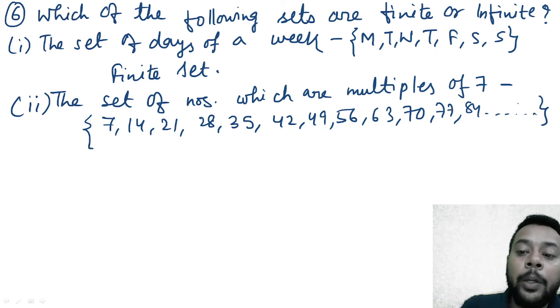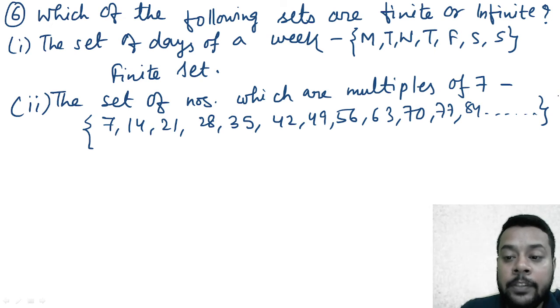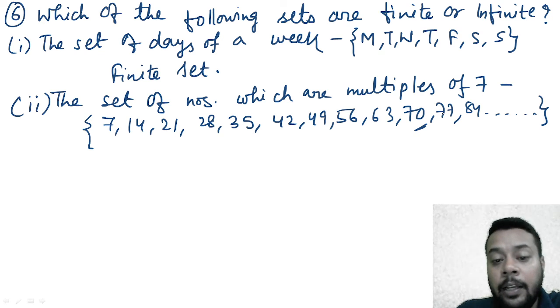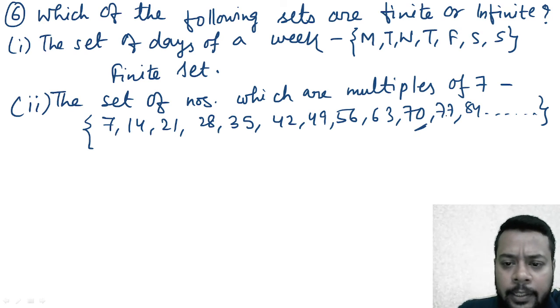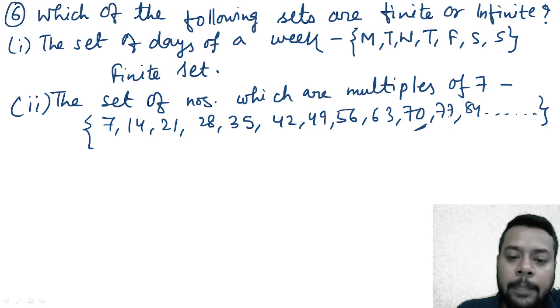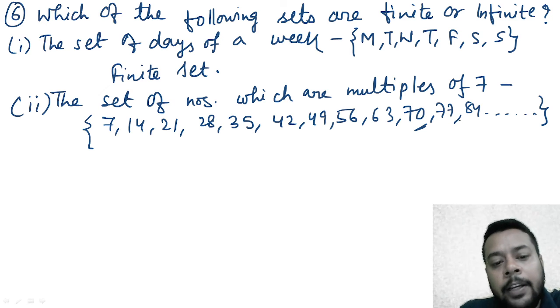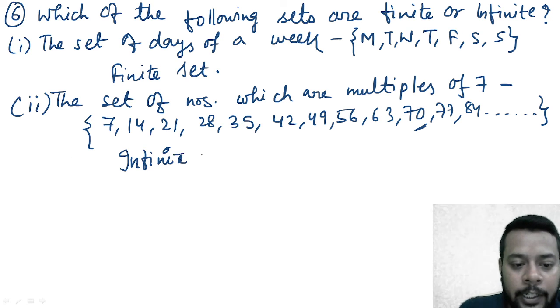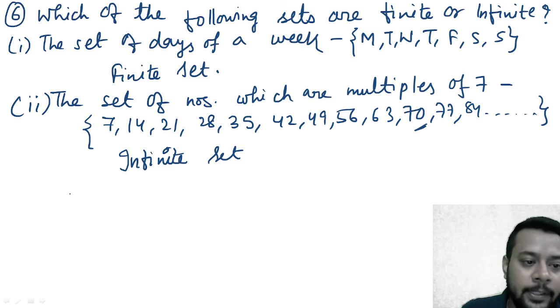It will go till infinity in the gap of 7. Don't think that multiples of 7 means only till 10. No, it goes to infinity for any number, whether it is multiples of 7 or 3 or 12. So the set here will be an infinite set.